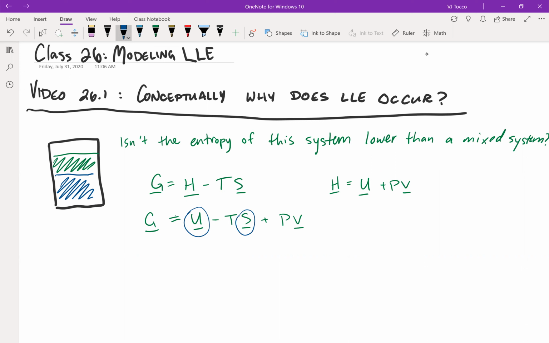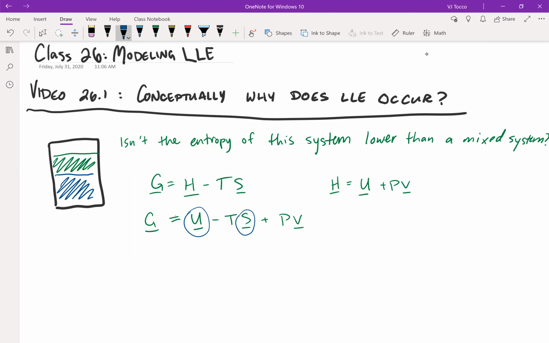So remember, if I want Gibbs to be negative, I'm going to have two seemingly opposing terms here: internal energy and also entropy. Say you mix up your bottle of salad dressing and it looks like one phase, and the system has to decide whether or not it wants to phase separate.